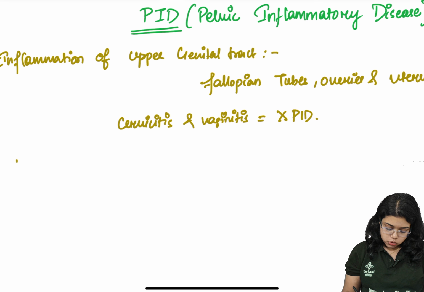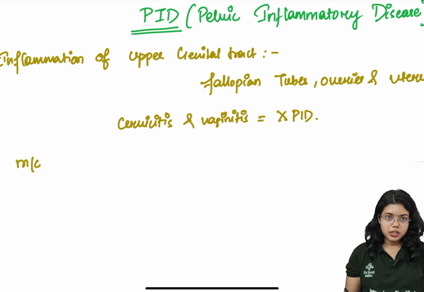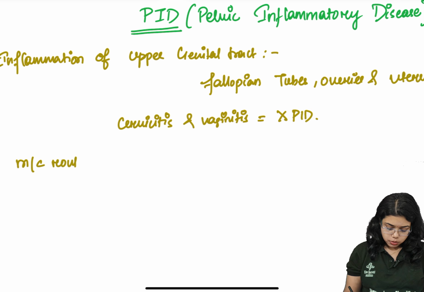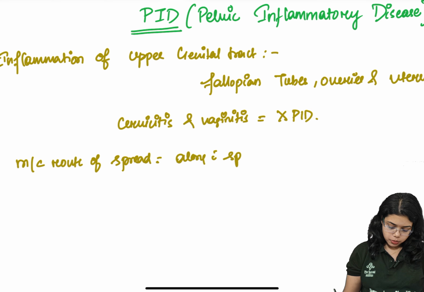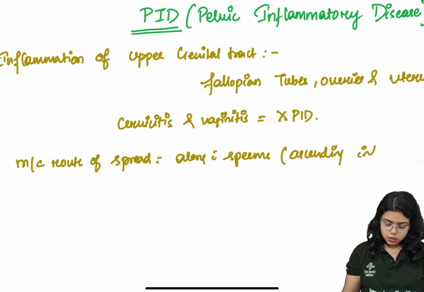Then the most common route of spread is through ascending infections, that is via the sperms. That is the ascending infection. Okay, this is the most common route.